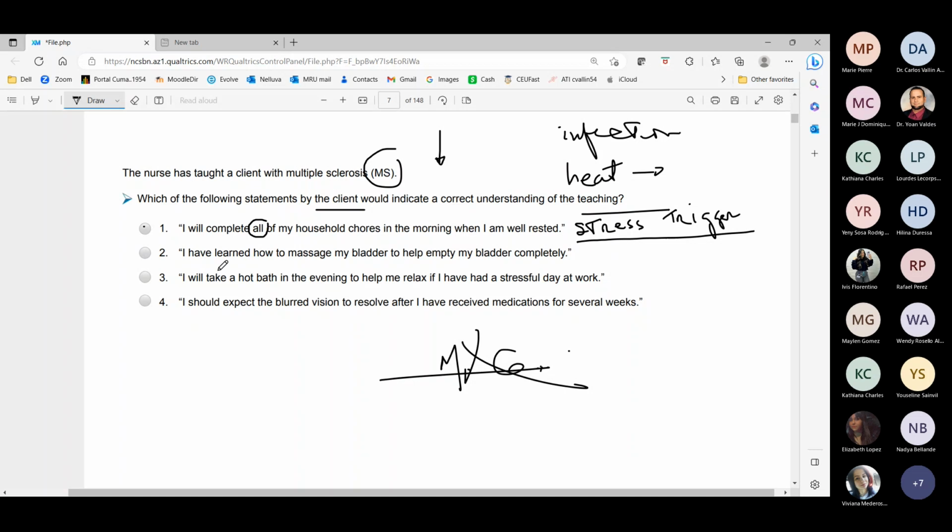Okay. So no, we don't do that. We don't agree with that. Next option: I have learned how to massage my bladder to help empty my bladder completely. Okay, a neurogenic bladder.